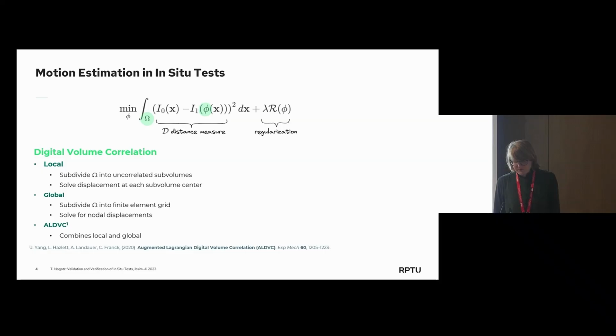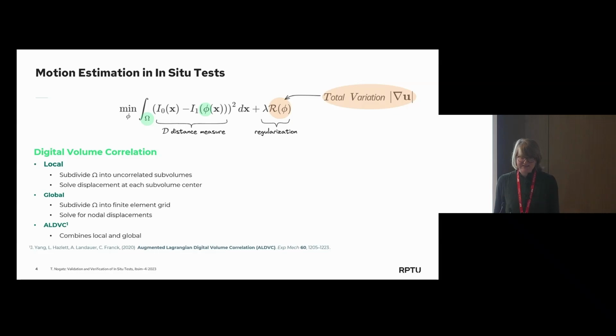In Kaiserslautern, we actually do motion estimation a little bit different because we focus on the regularization term on the right. What we do is we use a fairly well-known regularization from 2D image processing, and it's called total variation. It originated in denoising, but was very successfully applied to motion estimation.